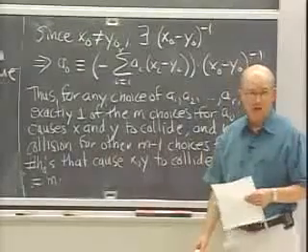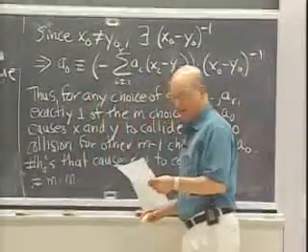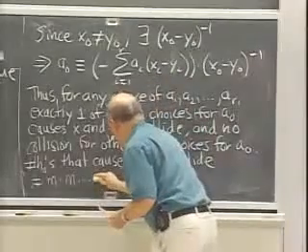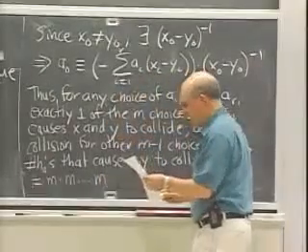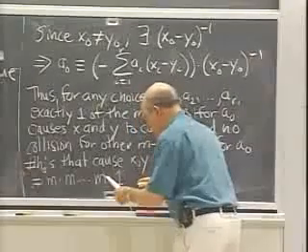There's m choices for a1 times m choices for a2 up to m choices for ar, and then only one choice for a0.